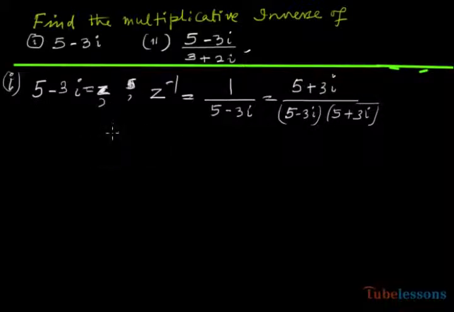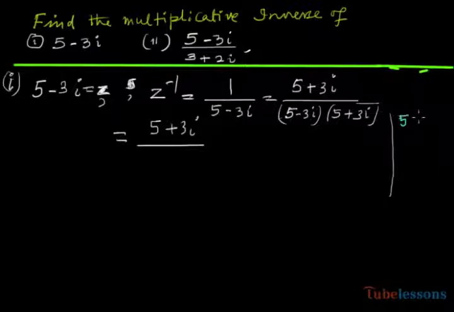The product of these two is 5 square minus (3i) whole square, 25 minus 9 is equal to 16.